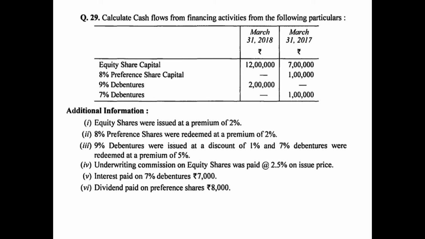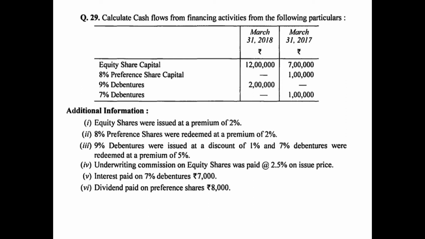The next point. Underwriting commission on equity shares was paid at 2.5% on the issue price. Now, we are paying the underwriting commission to the underwriters for issuing the equity shares at the rate 2.5% on issue price. Now, very important. What is the issue price? The equity shares are issued at a premium of 2%. So, 5 lakh is the face value of the equity shares issued plus 2% of the premium. That means the share issue value is 5 lakh 10,000.